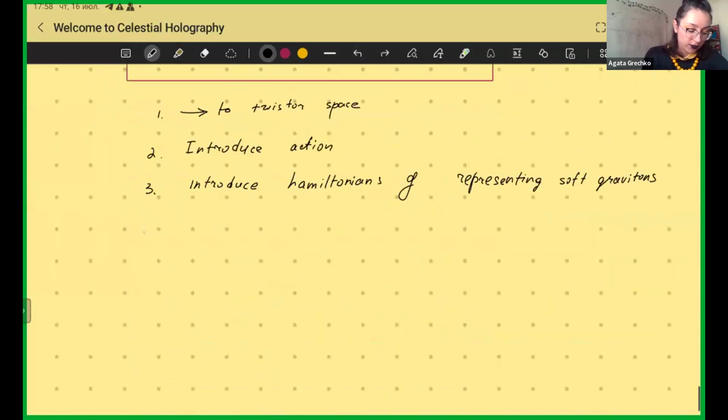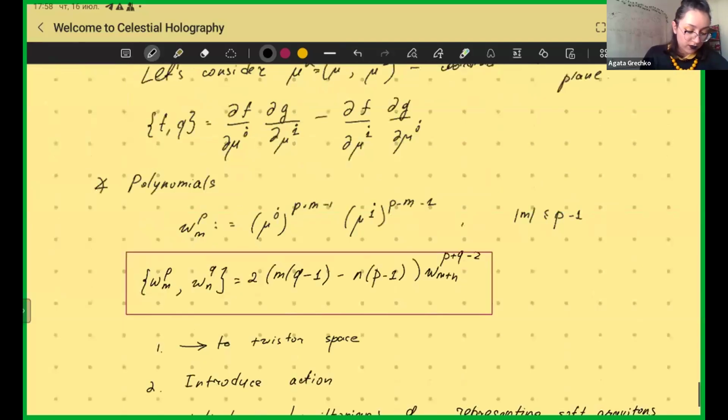So if we take this commutation relation of two Hamiltonians that correspond to the soft gravitons of the theory, the bracket is the same, okay?